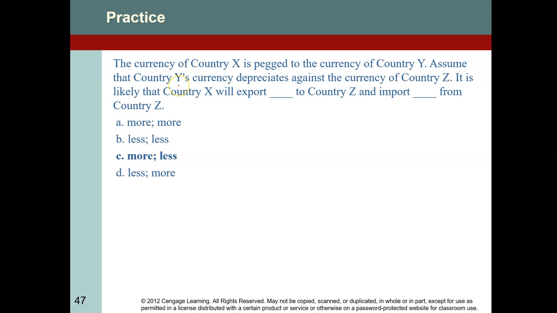Okay, so if currency Y depreciates against Z, then X should also depreciate against Z. Okay, so country X would export more to country Z and will import less from country Z. Okay, because currency Z is strengthened, so there's more exports, and also because X is less valued, so there's less imports.